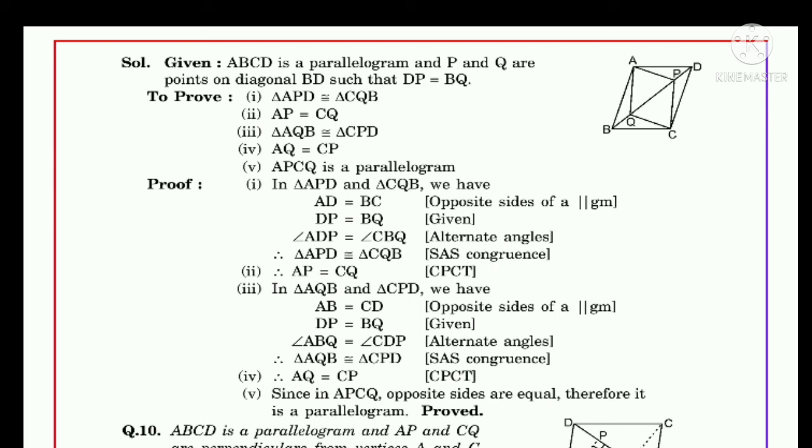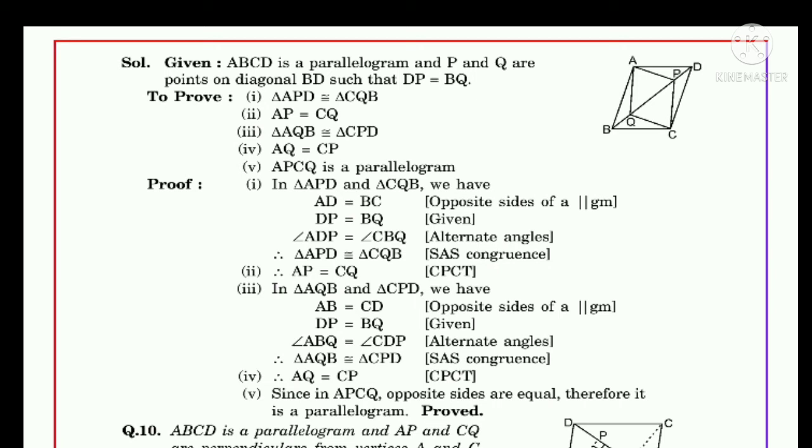2 conditions we get, and after that you see here angle ADP is equal to CBQ. Since AD is parallel to BC, if you draw only the lines AD and BC and join the diagonal BD, this BD we can consider as a transversal.